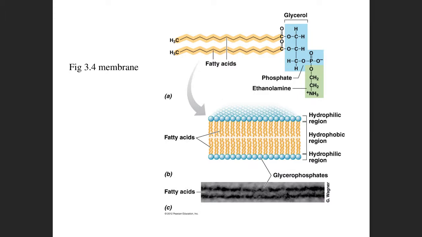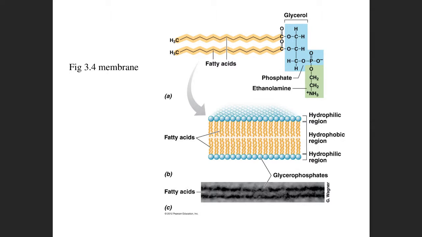And so you can use different dyes to stain the hydrophilic region, the phosphate. And if you do that, you can actually visualize the 2 membranes.